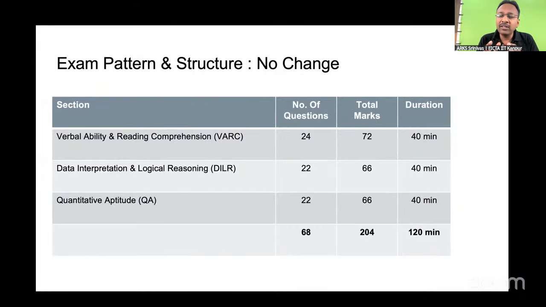When I'm using the word changes, it is the change in the difficulty level. Now, those of you who have heard me in slot 1, I might have started off saying that it appeared that CAT 2025 was easier than 24. In fact, that's exactly what I said. But on further analysis and feedback from a larger number of students, it is now clear that the CAT 25 exam's level of difficulty falls somewhere between CAT 22 and 23.